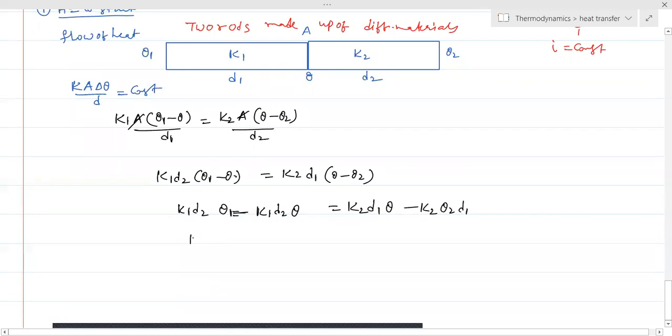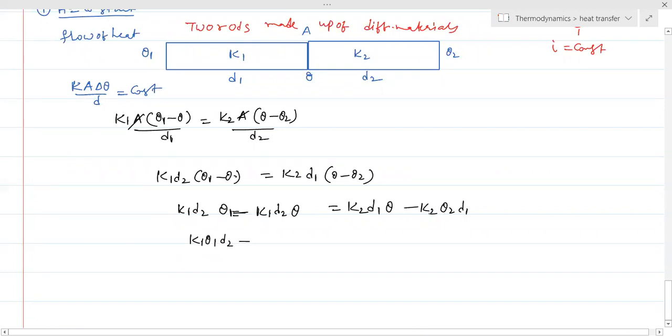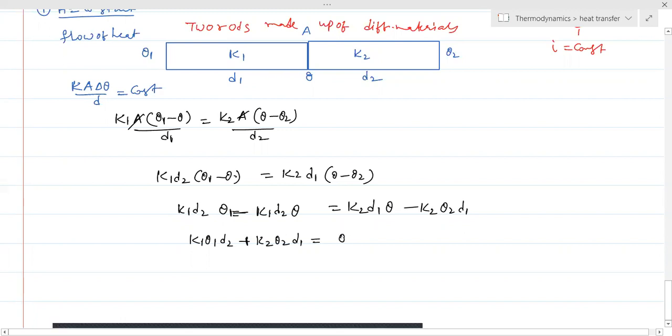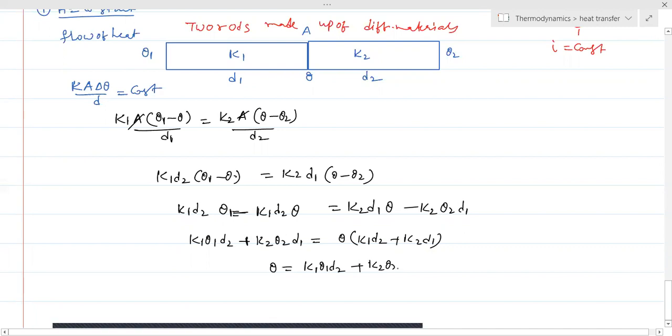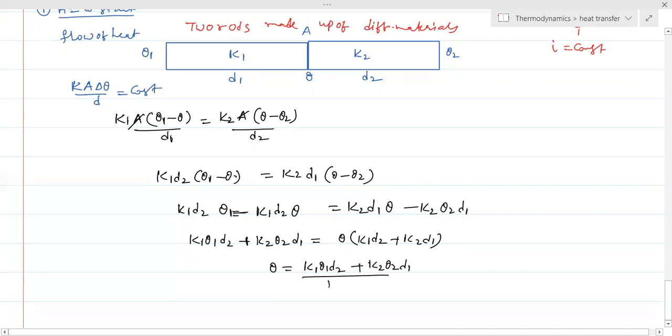So by taking this, K1 theta1 D2, this minus becomes plus, K2 theta2 D1 equivalent to theta into (K1 D2 plus K2 D1). Just by taking this, we will get theta equals (K1 theta1 D2 plus K2 theta2 D1) by (K1 D2 plus K2 D1).